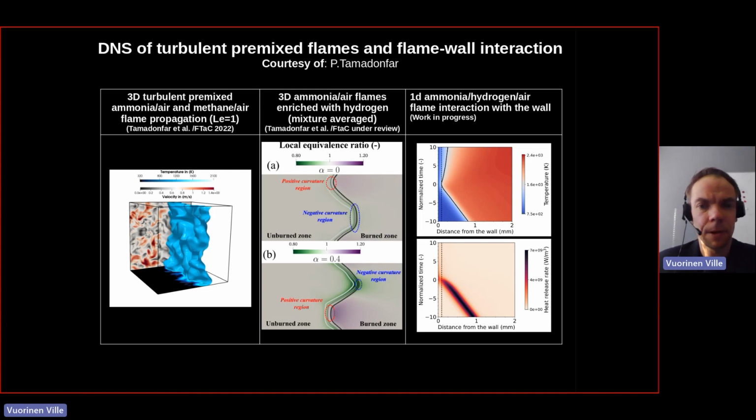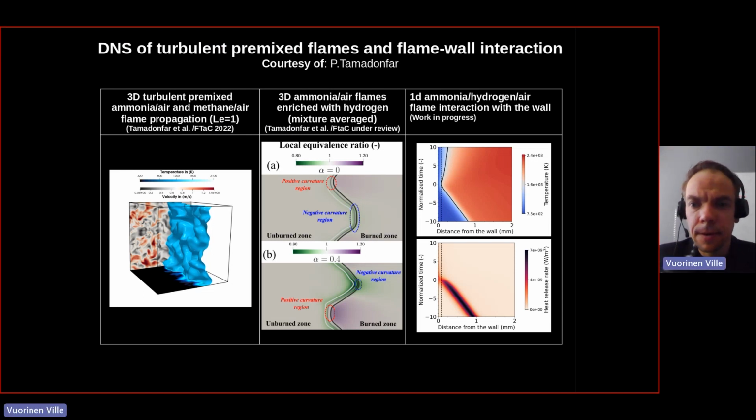What is particularly interesting is that when we change the blending ratio, alpha being the blending ratio of hydrogen to ammonia, you see preferential diffusion and variance of the local equivalence ratio. So you see how the positive and negative curvature regions can be correlated with lower or higher local equivalence ratios.